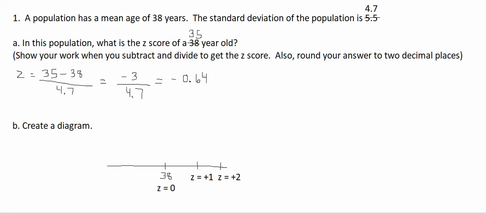And try to not make it too crowded like I did here. Try to give it some breathing room a little bit. Like, so I'll put this out here. And right here, I'll put -1 and -2.